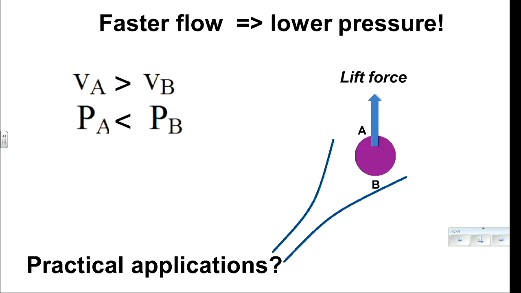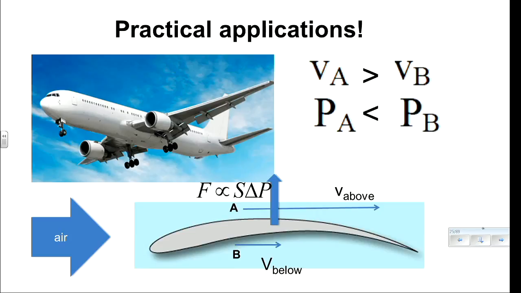And well, in the first experiment, yeah, faster flow means lower pressure, slower flow means higher pressure, high pressure, stronger force. So we have a net force acting up. How do we use it? Very heavily. That's why they fly. A wing is made in such a way so there's a net force which lifts that whole thing up.